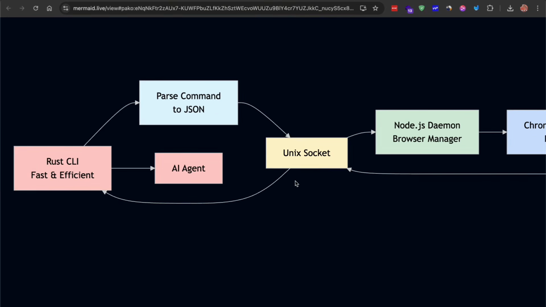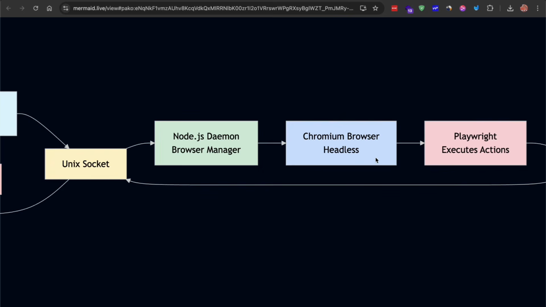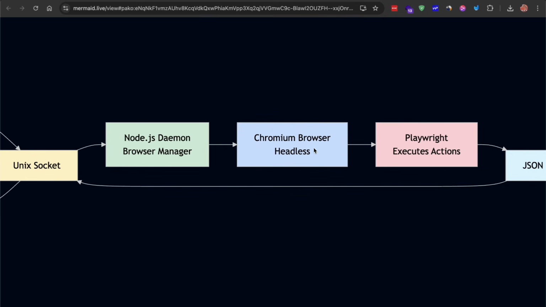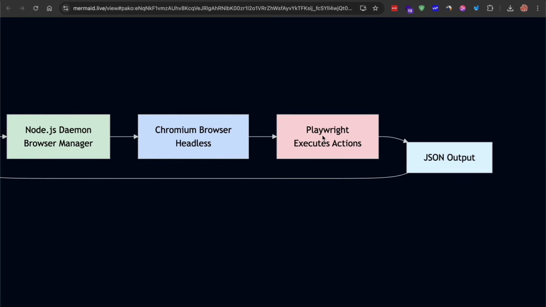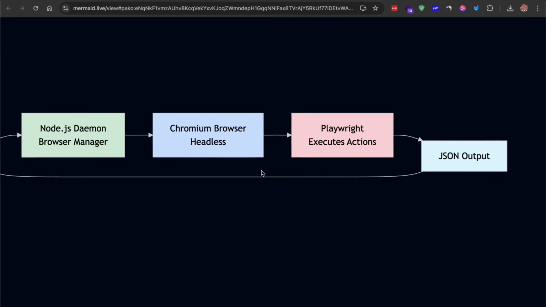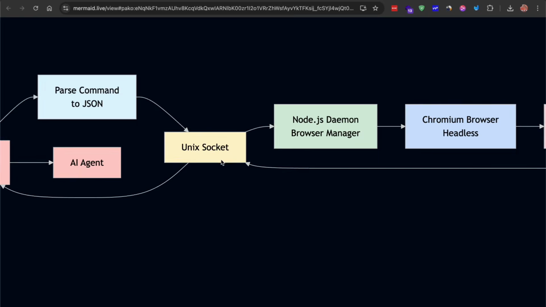This JSON then gets sent through a Unix socket to the Node daemon, which manages the actual Chromium browser instances. The daemon validates everything, launches the browser, which runs headless by default, and executes the action using Playwright under the hood. Once the action completes, it sends the output back in JSON format to the CLI, and from there your AI agent can decide what to do next.